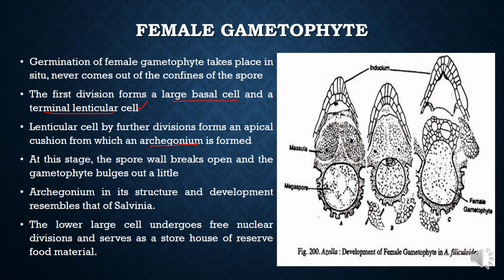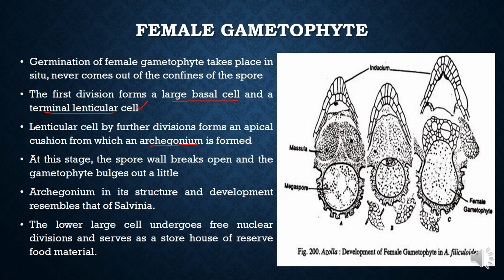All these things happen inside the megasporangium, harbored inside the megasporocarp. So the development of the female gametophyte occurs inside the female sporocarp.